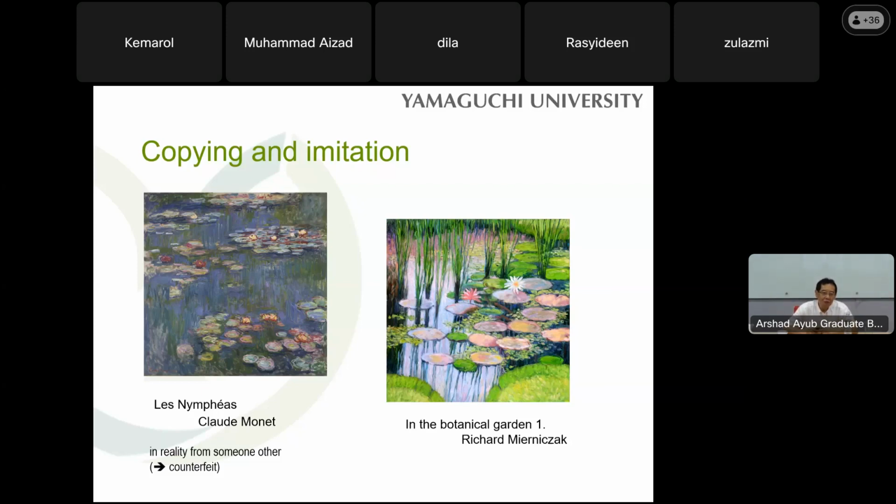What the academic world will prohibit is delivering the drawing by Monet by changing the name. It's called counterfeit, if I use the intellectual property jargon. Again, what I want to tell you is that what you are expected to do is to write In the Botanical Garden #1.